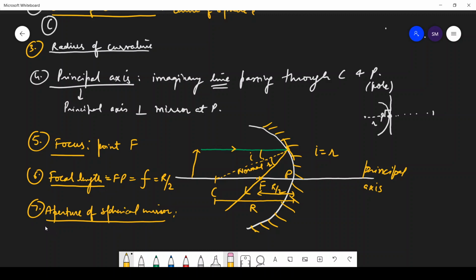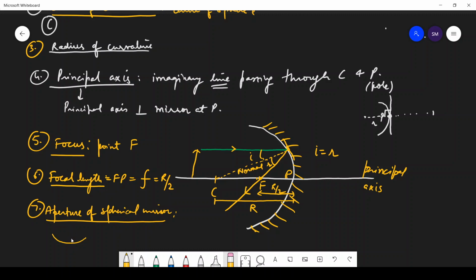Aperture is the, so you can see this mirror, if it lies down like this, like a spoon. We have some spoons which are circular.